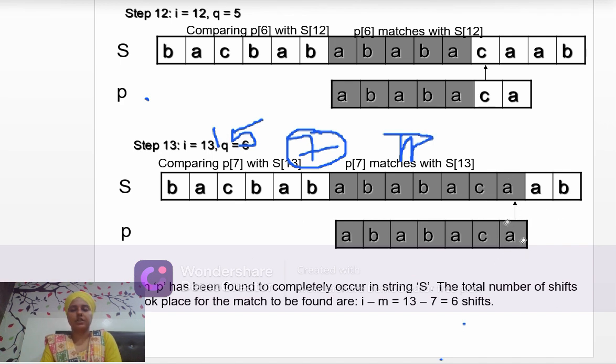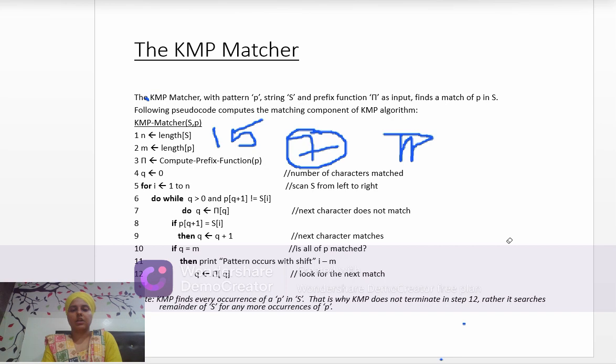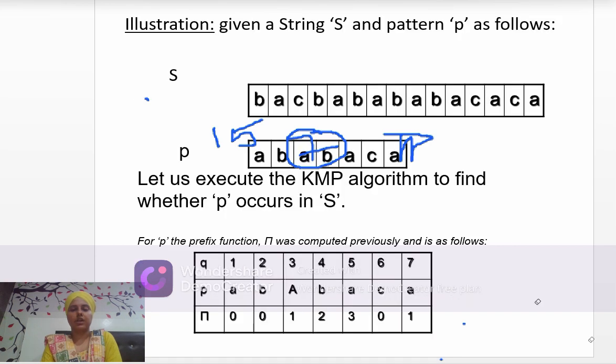We can see that we have reached the last value, that is the m position. What is the pi value for that? That is 1. The prefix function value is 1.